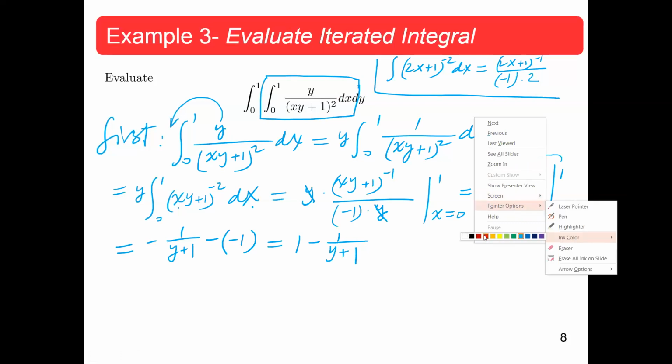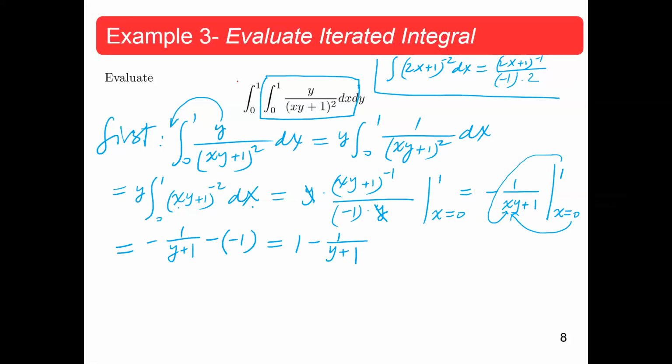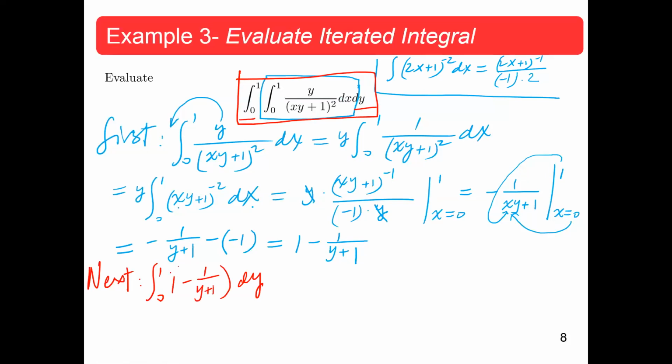Next, let's go back to the red color for the outer side. So next you're going to go 0 to 1 dy. I'm going to replace the box by 1 minus 1 over y plus 1. I think this integral is pretty straightforward.